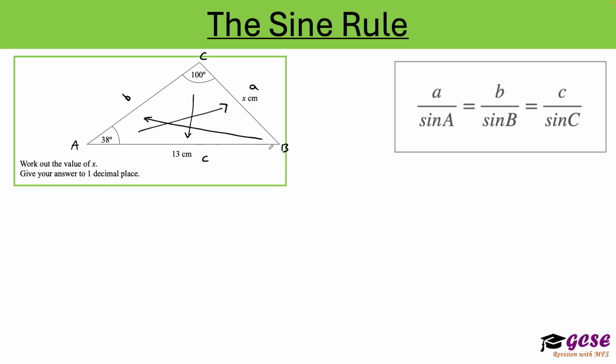But we don't need B because we don't know anything about B. We don't know the length of side b and we don't even know the angle of B. So we're just going to cross out B. We don't need B anymore, and we're going to cross out B from our formula as well. That leaves us with a over sine A equals c over sine C.